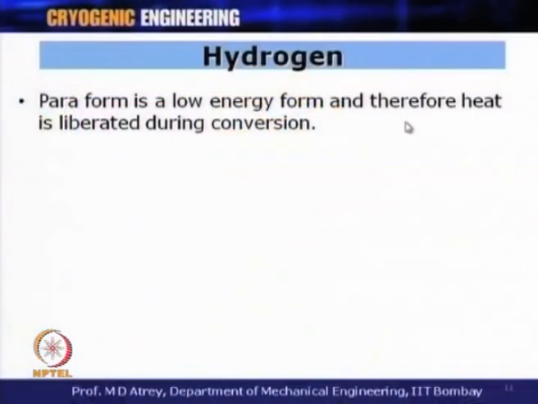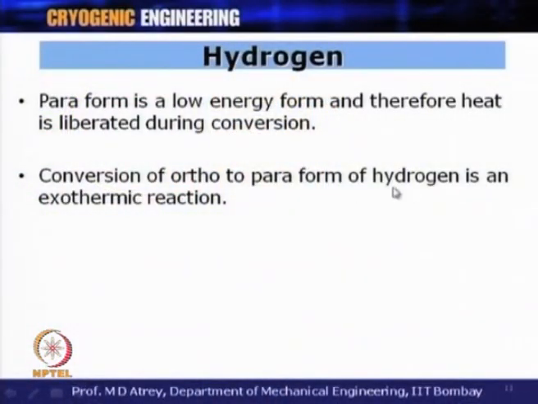Now, this para form is a low energy form and therefore, heat is liberated during conversion. This is a very important thing, that ortho is a higher energy form while para is a low energy form. So, during this conversion, the heat is liberated because ortho has higher energy while para has lower energy. So, during this transformation from ortho to para, a lot of heat gets liberated, which means that this is basically an exothermic reaction.